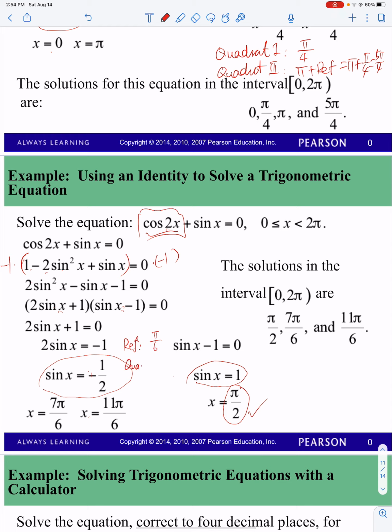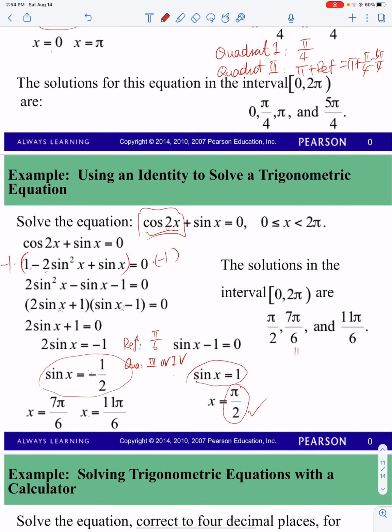A negative sign means quadrant 3 or 4, because of ASTC. In the third quadrant, it will be pi plus the reference. In the fourth quadrant, it is 2 pi minus the reference. You with me? So this is where you get all these numbers.